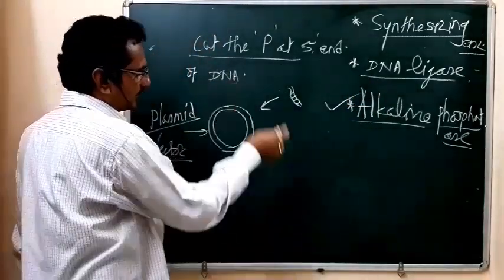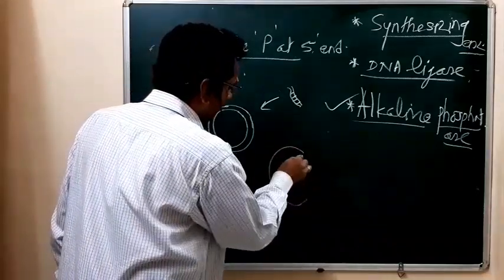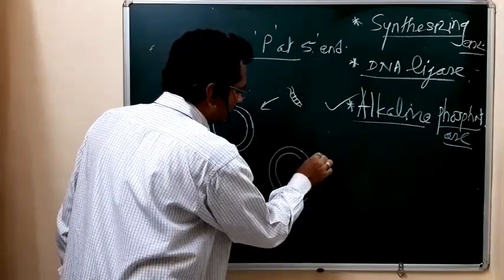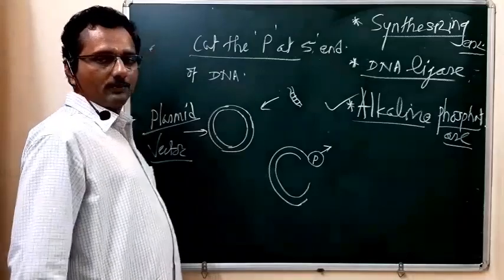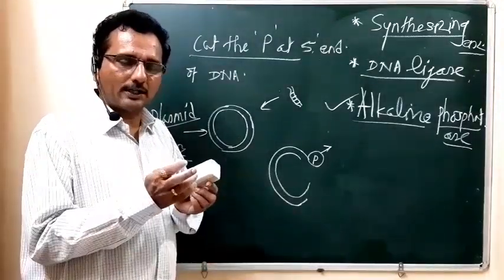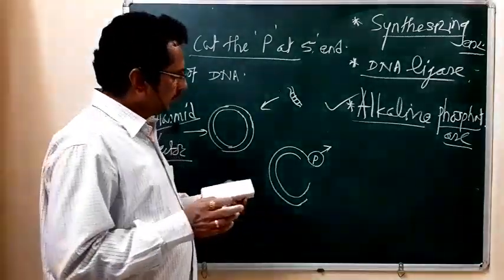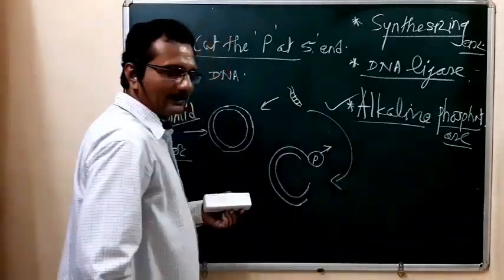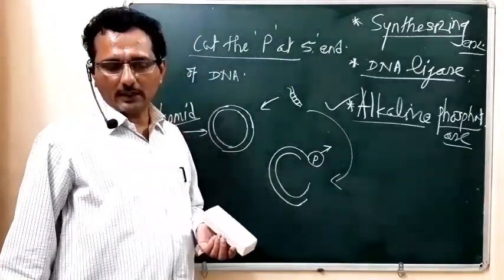This enzyme removes the phosphate group from the 5 prime end of DNA, and when the phosphate group is removed, these two strands are unable to join. Then we can easily insert the gene of interest inside this vector, and then we add the phosphate group.